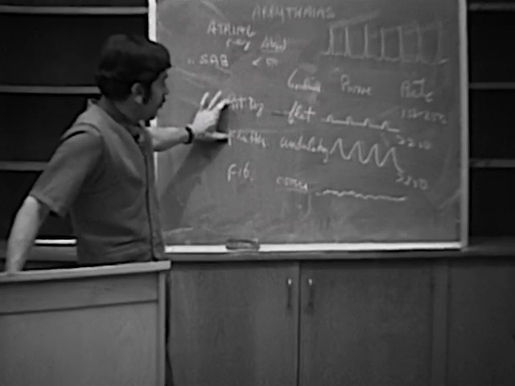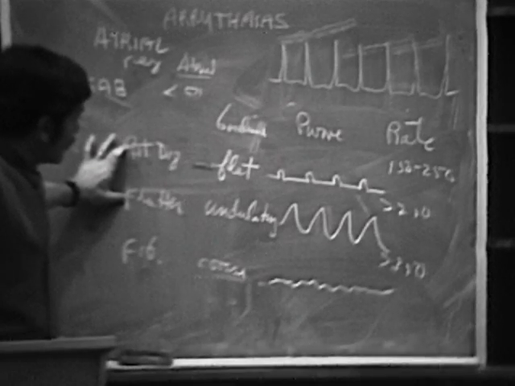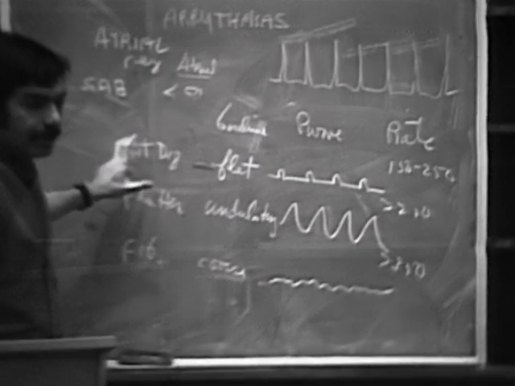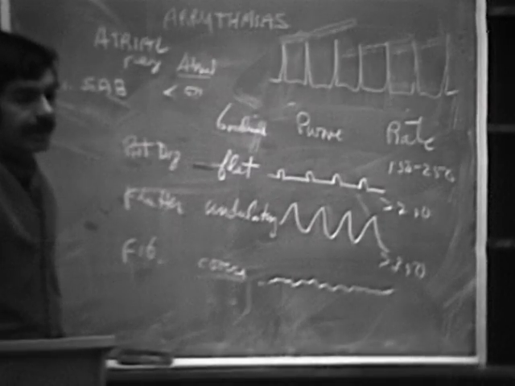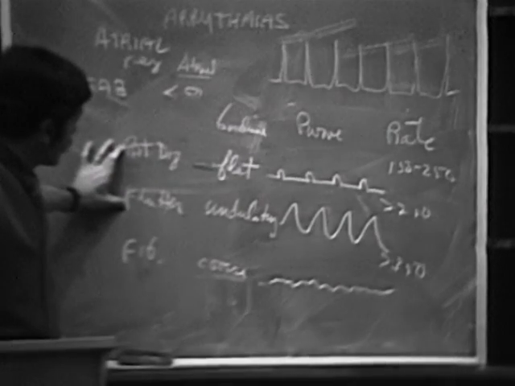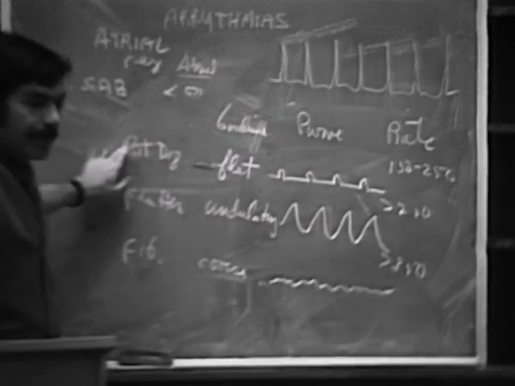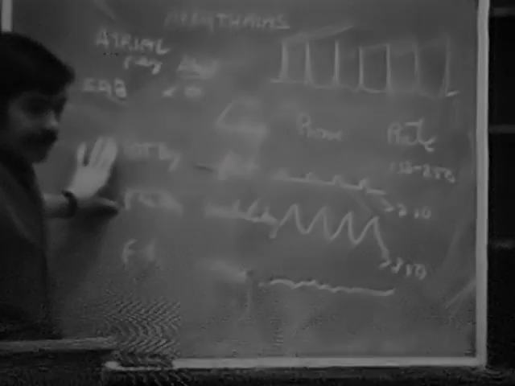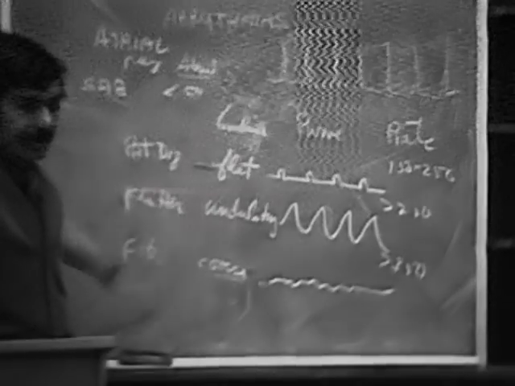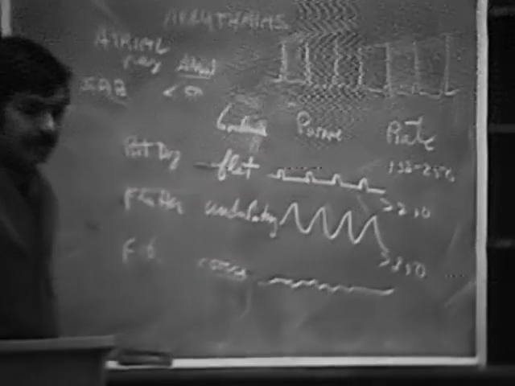Now, this is a very important differential, right? But it can be very difficult, and you have to use clinical judgment as well as all the information that you have on the EKG. And this is one of the most difficult problems in cardiology, really, sometimes, differentiating PAT with block from flutter. It may have sounded easy, the way I just described it, but it really isn't.